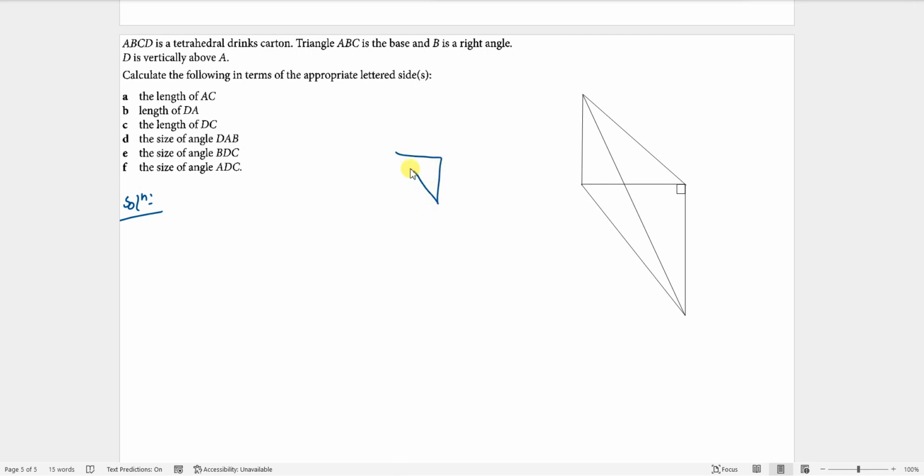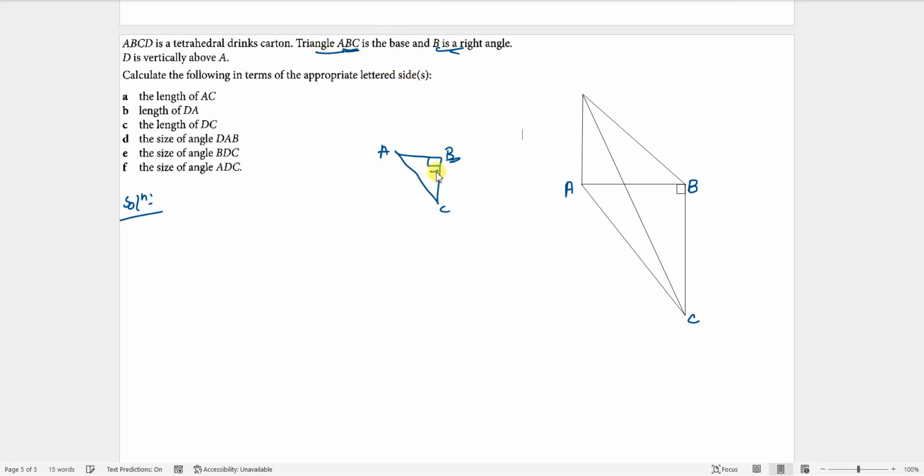It says triangle ABC, so we mark here A, B, and C. See, we have followed the instruction: we drew triangle ABC, and we took B as the right angle.